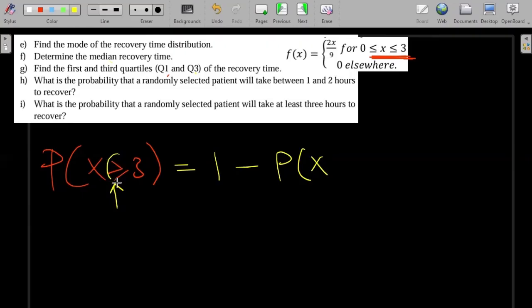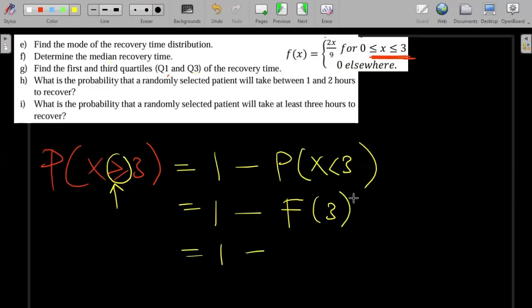So since here it was greater than or equal to 3, here we're going to say less than 3. All right, so what is the probability that x is less than 3? So it will be 1 minus, this probability is the same as F of 3.